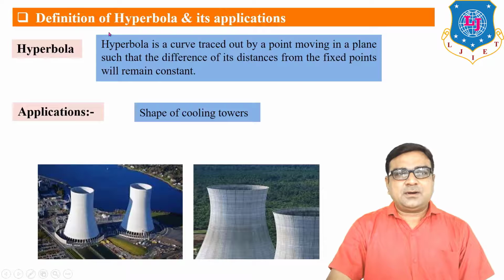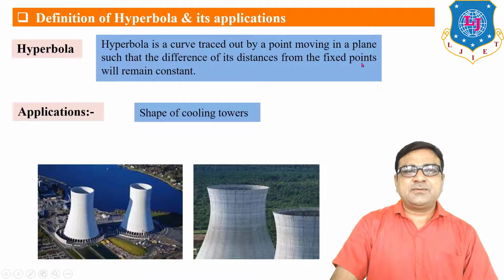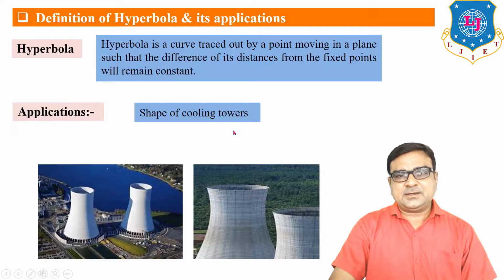Now, hyperbola. A hyperbola is a curve traced out by a point moving in a plane such that the difference of its distances from two fixed points remains constant. Here you can see the application of hyperbola is in cooling towers. A cooling tower is used to condense the steam in thermal power plants.